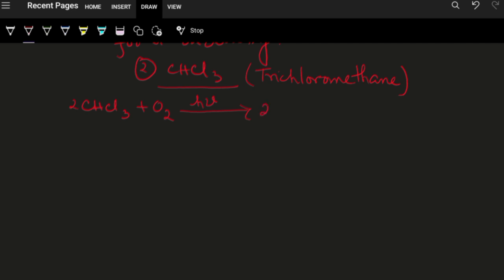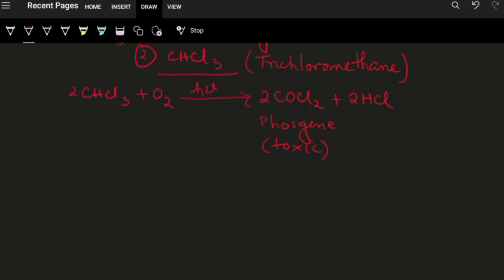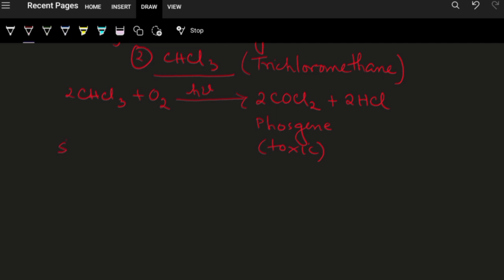It forms 2 moles of COCl2 plus 2 moles of HCl. This compound COCl2 is known as phosgene and it has adverse effects. It is a toxic gas. So the question arises, if chloroform undergoes oxidation in presence of sunlight, how is it stored?